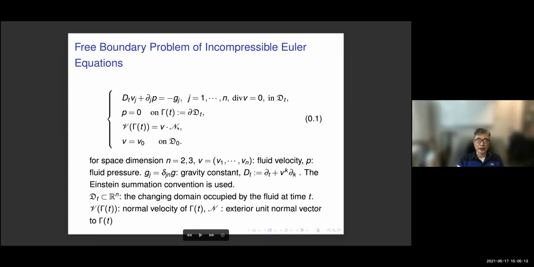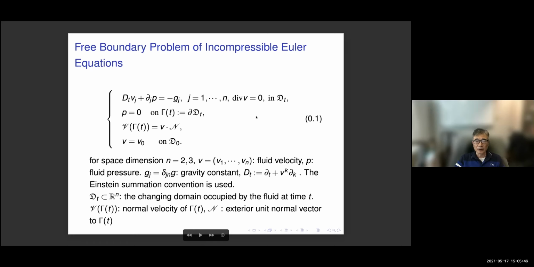The n here is the outer unit normal. So the free boundary problem is that you give an initial domain D_0, and inside this initial domain the initial velocity is given. This is the formulation of the free boundary problem of incompressible Euler equations.